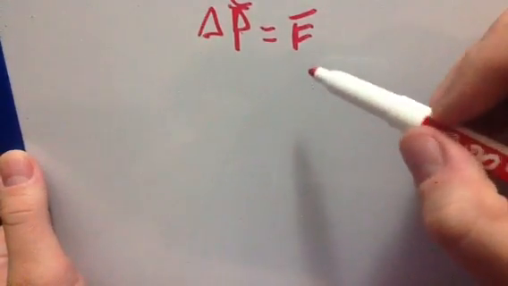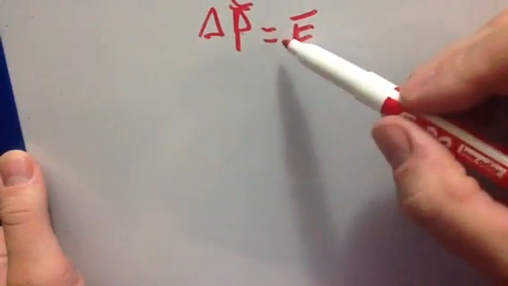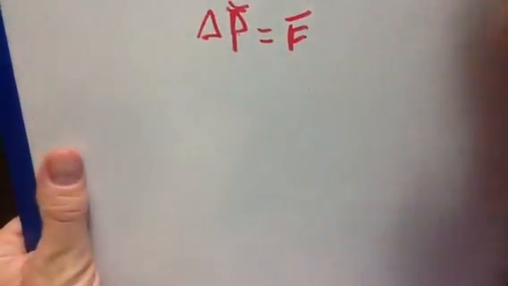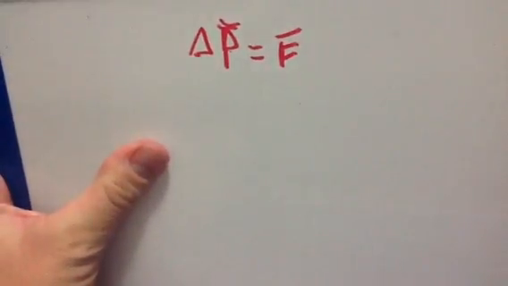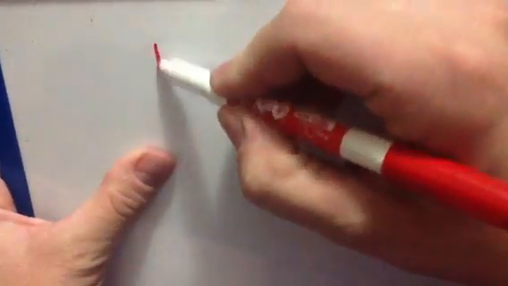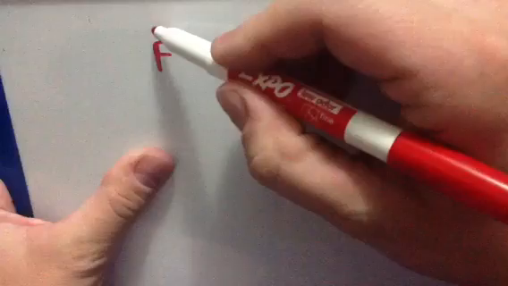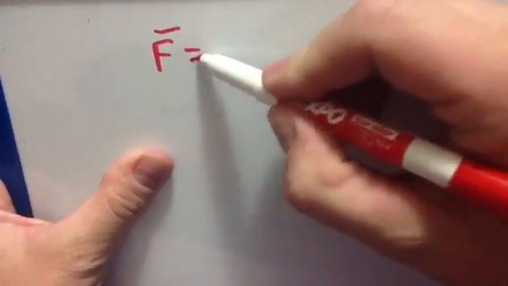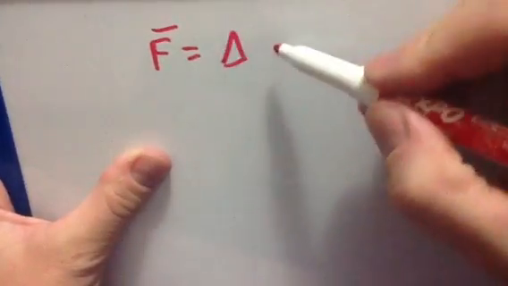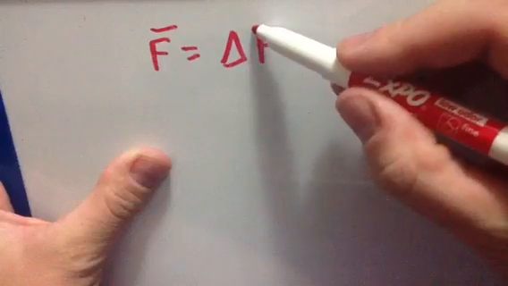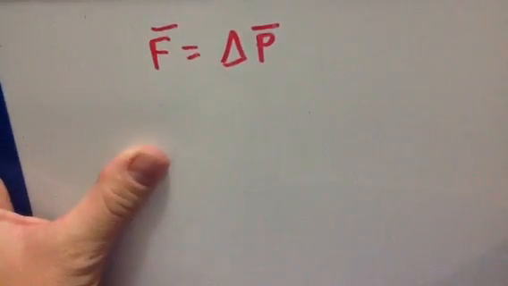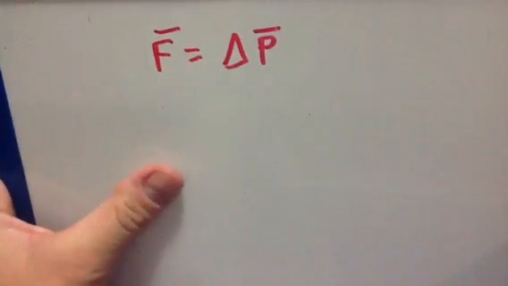That change in momentum equals some sort of force that we're going to have to apply to the object. So let's just write this as force equals a change in momentum, delta P. Okay, so we'll start there. Force equals a change in momentum.